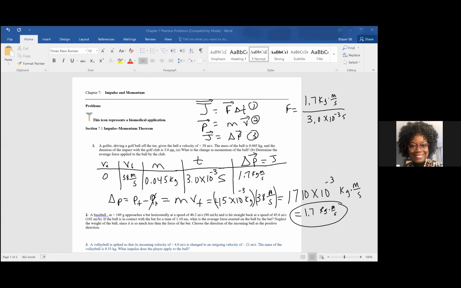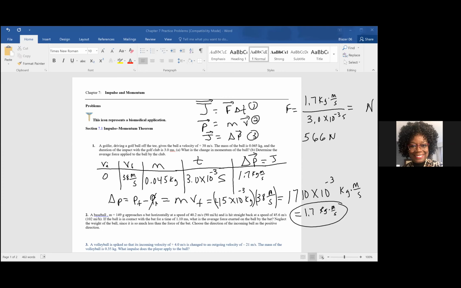So I've got kilogram meter per second squared, which is a Newton. So I've got 1.7 divided by 3, and I get 0.566. But look, this negative 3 in the denominator moves to the numerator, and it becomes positive. So therefore, I have 566 newtons. Did everybody get that?